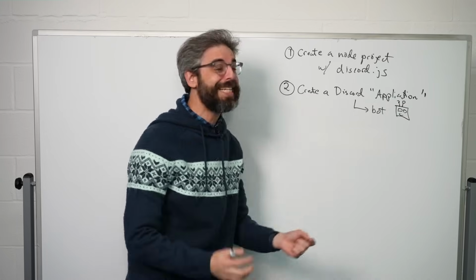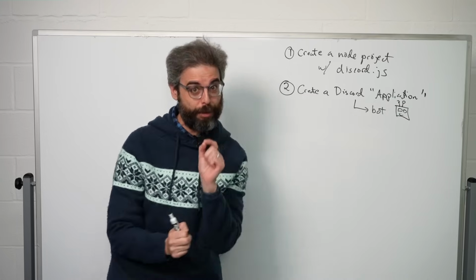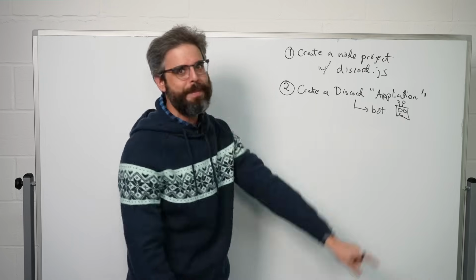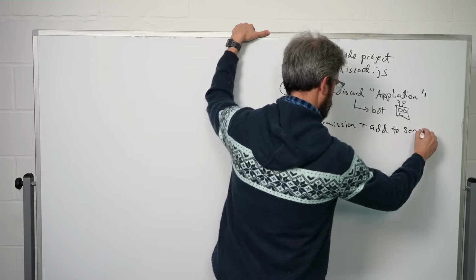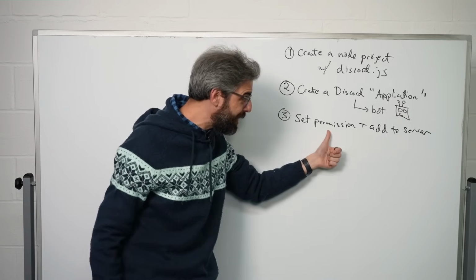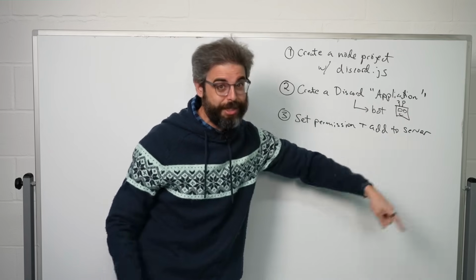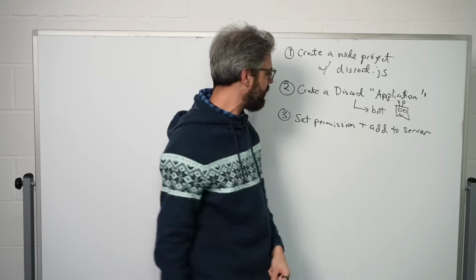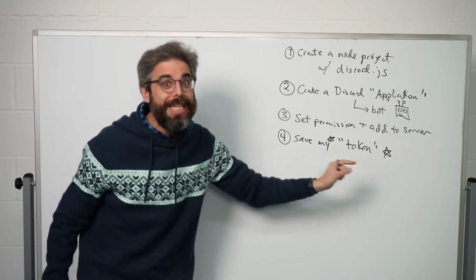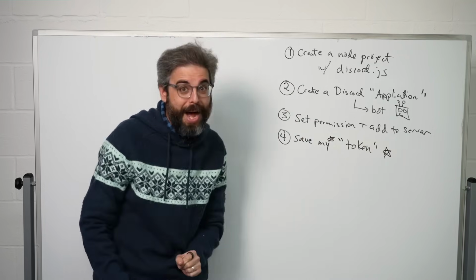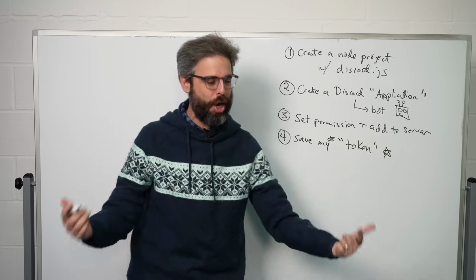I need to create a Discord application through the developer portal, and I need to make it into a bot. I'm going to need to set all of its permissions and add it to the server, the Discord server where I want to interact with it. I'm going to need to save the secret token that goes along with the bot that allows me to work with it from my code.